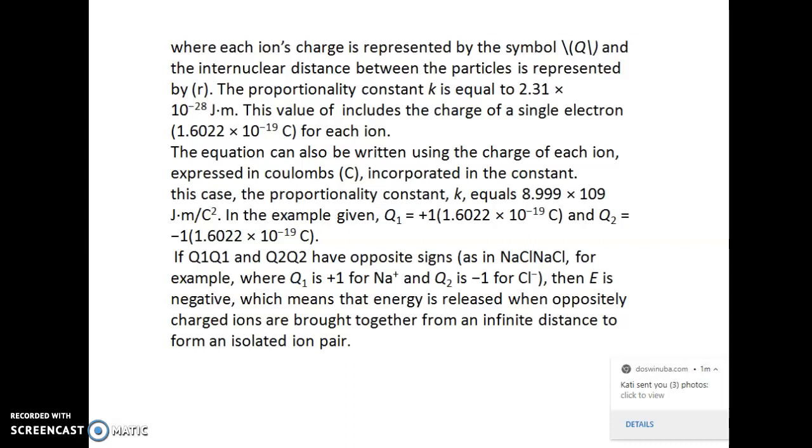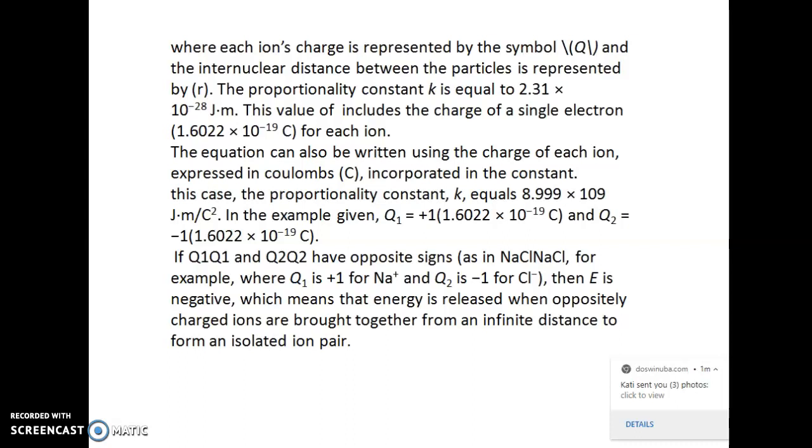In this case the proportionality constant k will be equal to 8.99 × 10^9 joule per meter per C squared. So in the given example, Q1 is equal to +1, that is 1.622 × 10^-19 coulombs, and Q2 is equal to -1, that is -1.622 × 10^-19 coulombs.